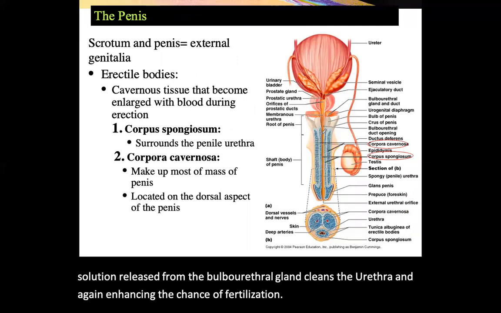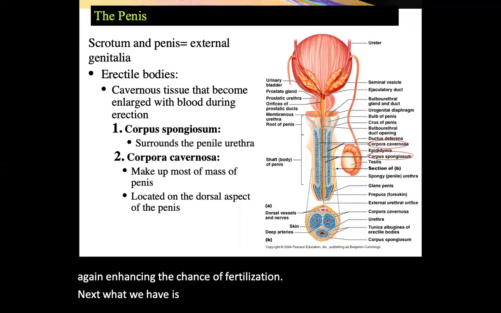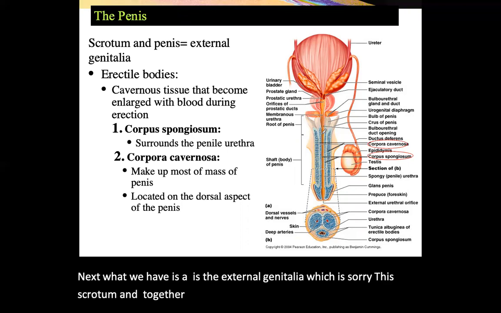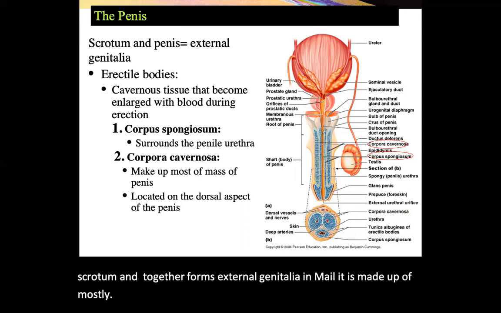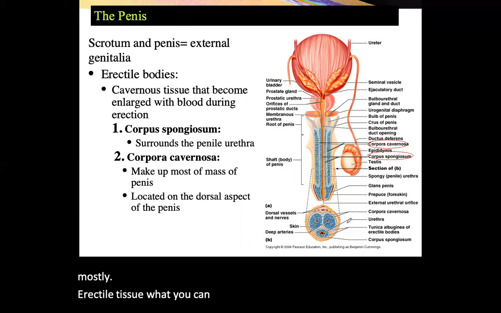Next, what we have is the penis. The penis is external genitalia; the scrotum and penis together form the external genitalia in a male. It is made up of mostly erectile tissue, what you can see in blue color.